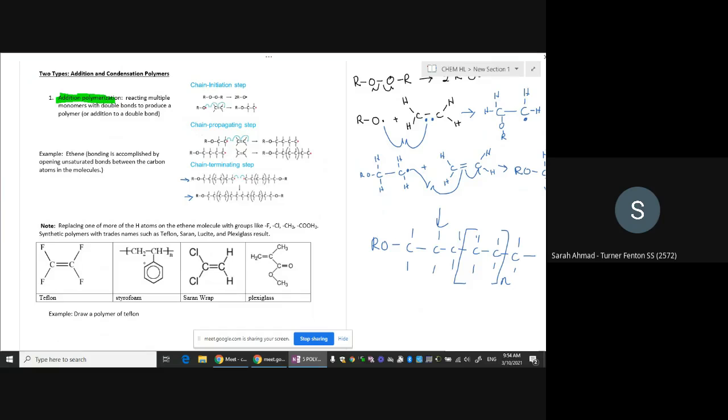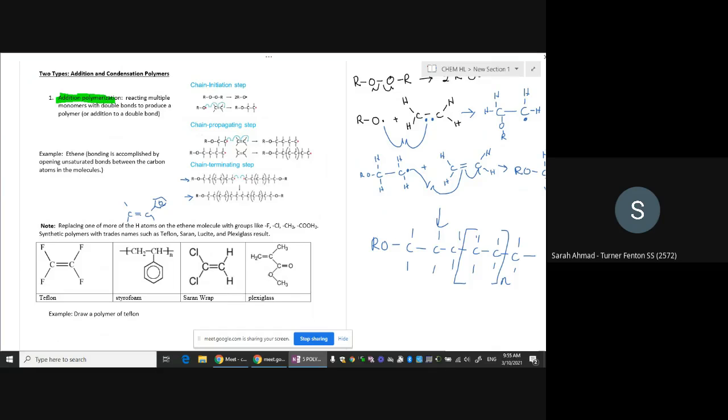If I replace one of the hydrogens on the ethene with a benzene, I end up making styrofoam. When I replace the hydrogens on one end with two chlorines, I get saran wrap. If I replace one end with a methyl and an acetyl group, I get plexiglass.